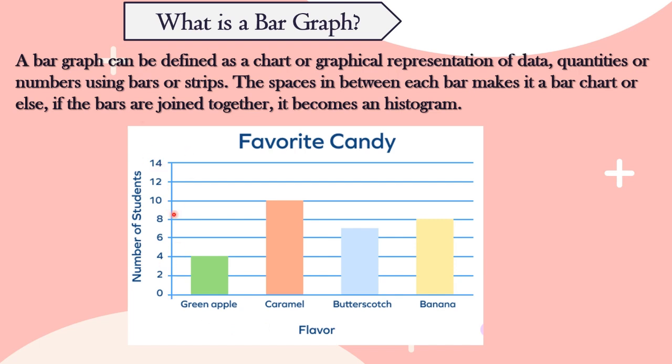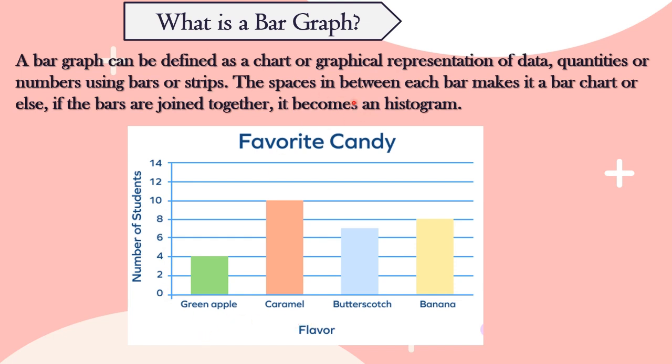On the vertical line, remember I already taught you some classes ago what vertical lines and horizontal lines are. So on the horizontal line, we always have the data being collected. On the vertical axis, we always have the numbers that represent the data.